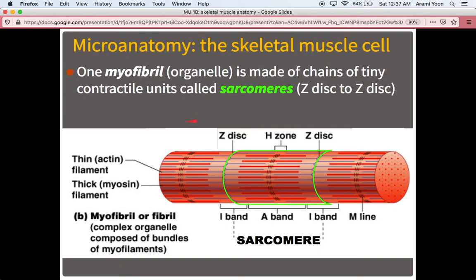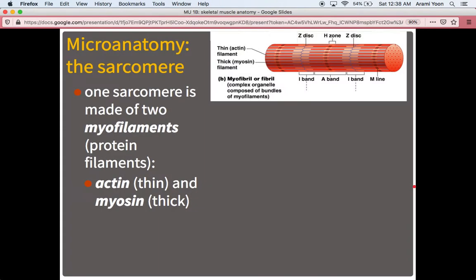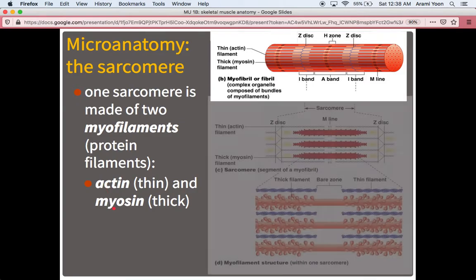Okay, here they are. So you have a Z disc here, you have a Z disc here, and this whole unit is called a sarcomere, and you have multiple sarcomeres along the entire length of the myofibril within the muscle cell. Each sarcomere is made of two types of myofilaments, actin and myosin.